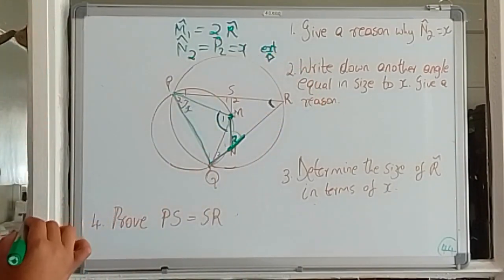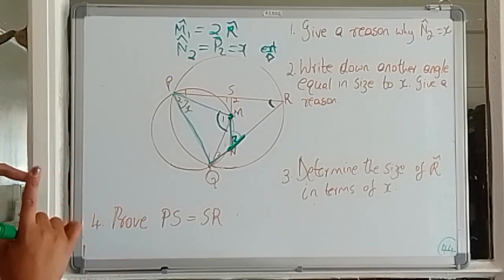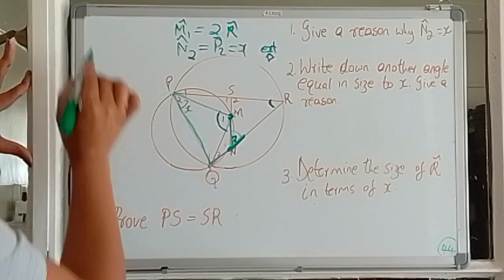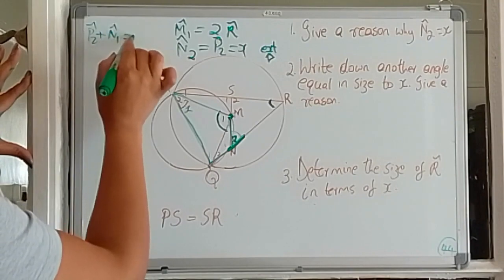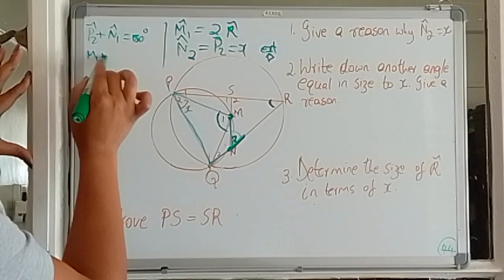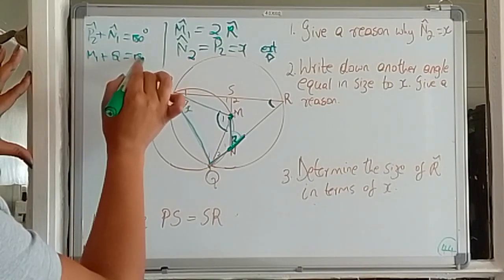We also know, based on the cyclic quad theorems, that opposite angles of a cyclic quad add up to 180. Let's just put them in case we need them later. So P2 plus N1 will be equal to 180. Also, M1 plus Q will be 180.